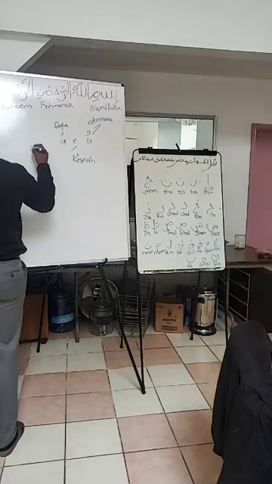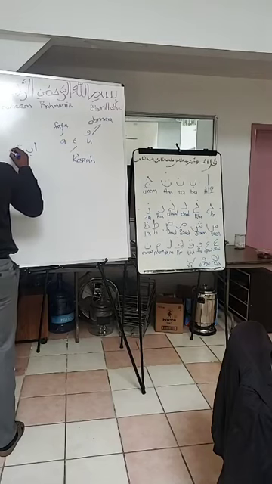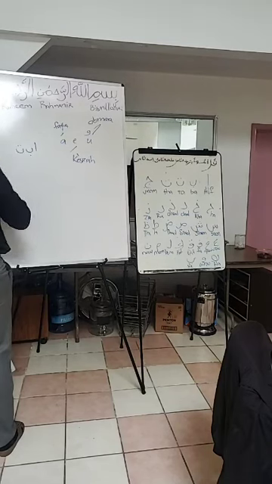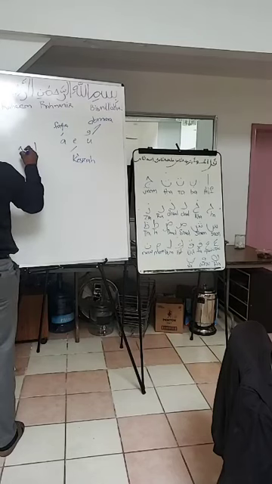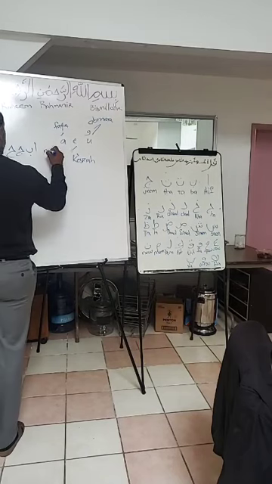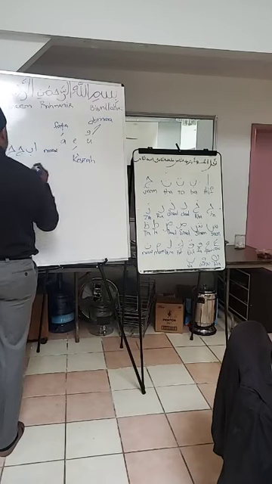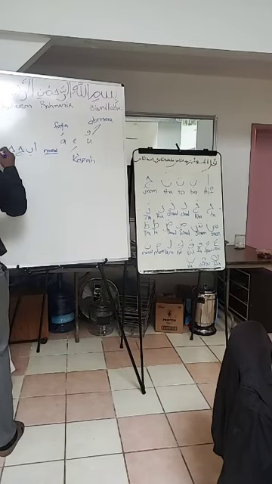The sun letters are the Alif, the Ba, Ta, Jim, Ha. Actually, sorry, this is the moon letters. I'm going to show you what the word for moon and sun is, and you'll kind of see what I'm talking about.